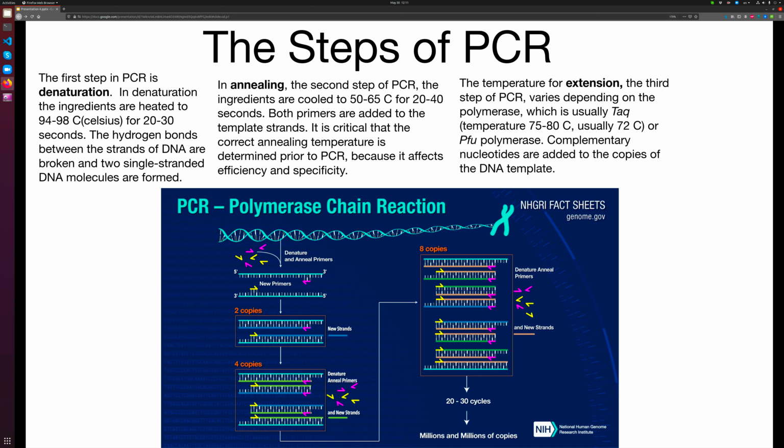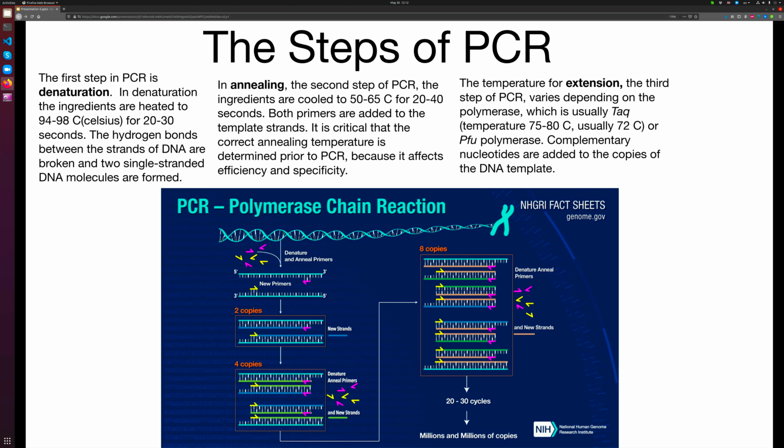The temperature for extension, the third step of PCR, varies depending on the polymerase. So once you have extension, the problem is, what polymerase are you using? That's a big question, but it doesn't have one right answer.